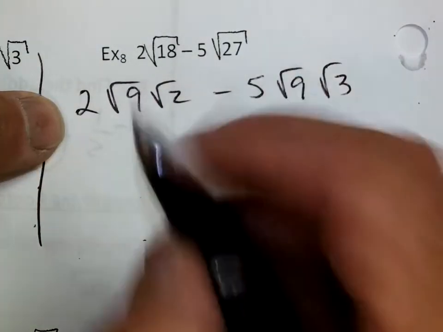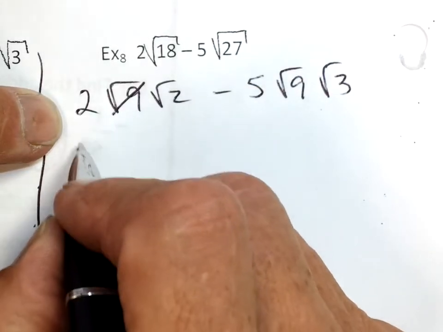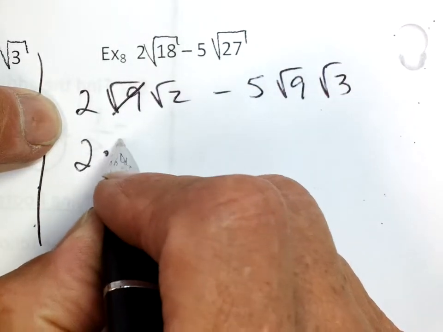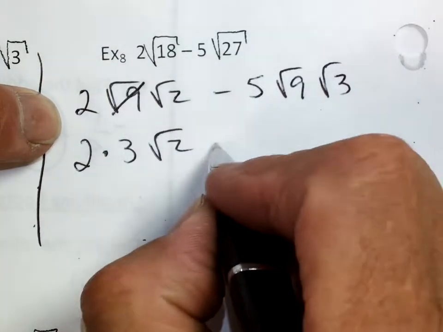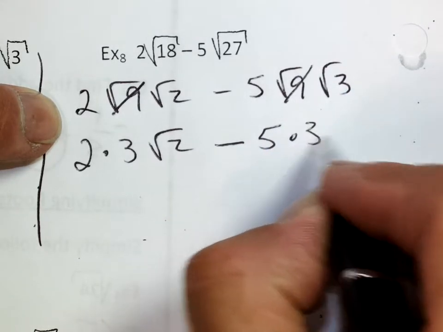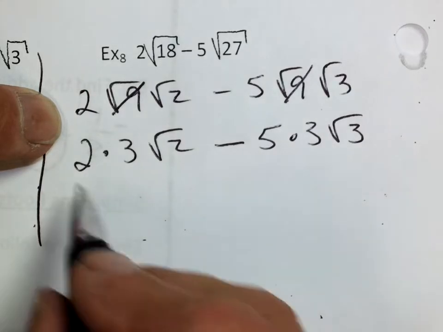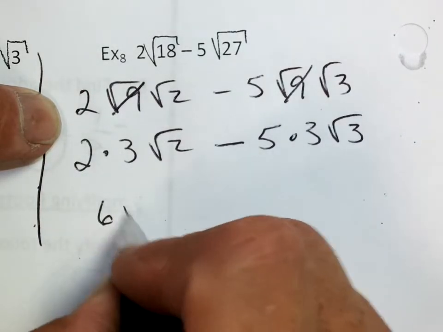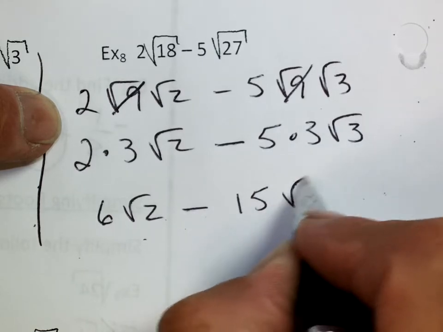Okay, I can take the square root of 9, and that's 3, but the 2's right out in front, so the 2 times the 3 times the square root of 2, okay? I can take the square root of 9, that's a 3, we get the square root of 3, right? I can multiply and get a 6 square root of 2. I can multiply and get a 15 square root of 3.